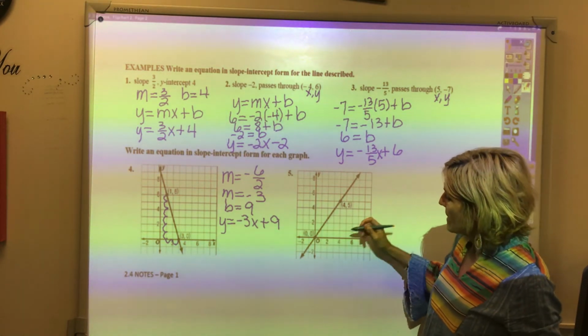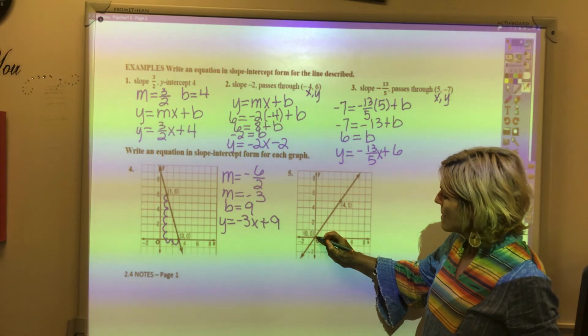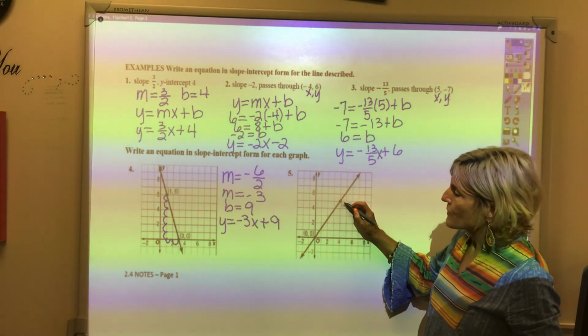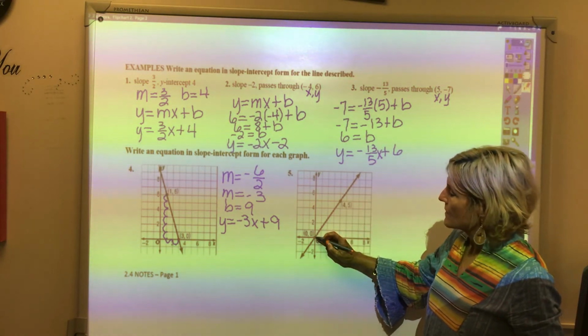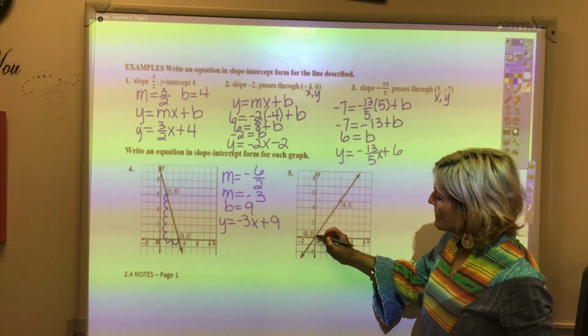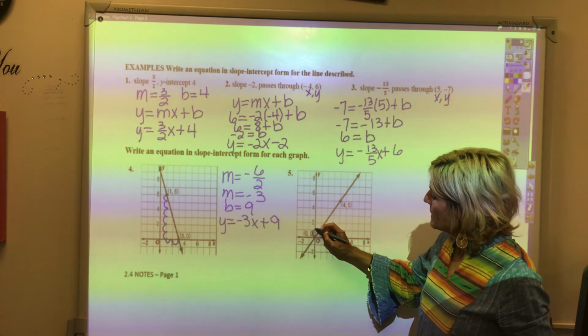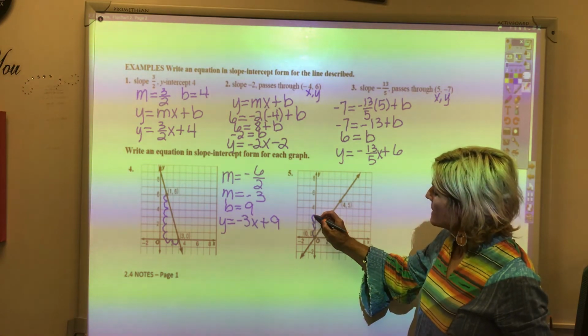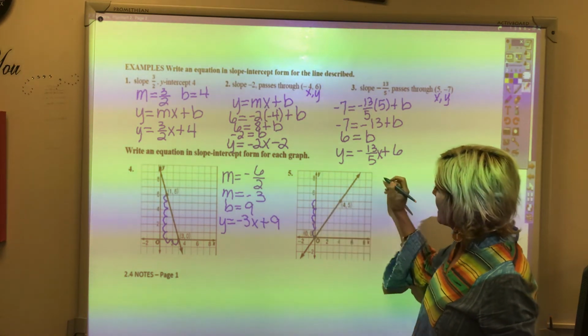On example 5, start at 0, 0, move to 4, 5. Again, we start to the left, we move to the right. So we climb up 1, 2, 3, 4, 5.